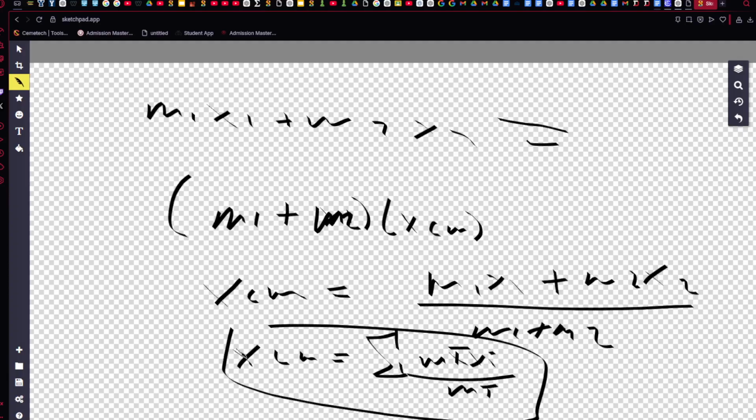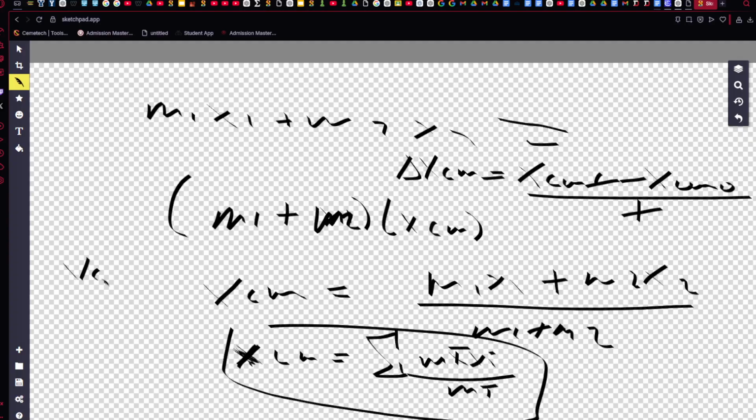But remember that XCM is going to be a position function, essentially. So if the XCM changes, delta XCM is equal to XCM final minus XCM initial. And if you divide this by time, you get the velocity of the center of mass.